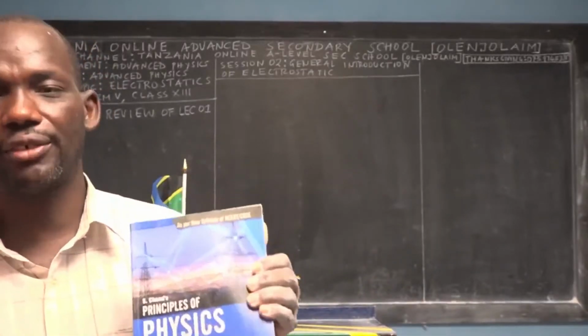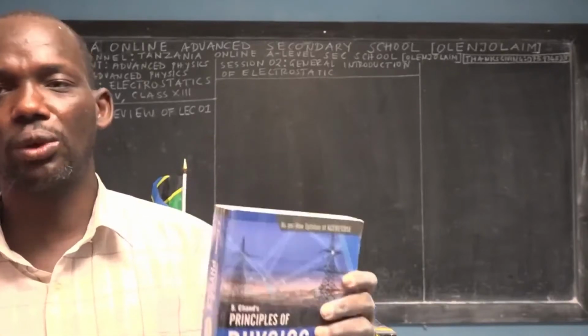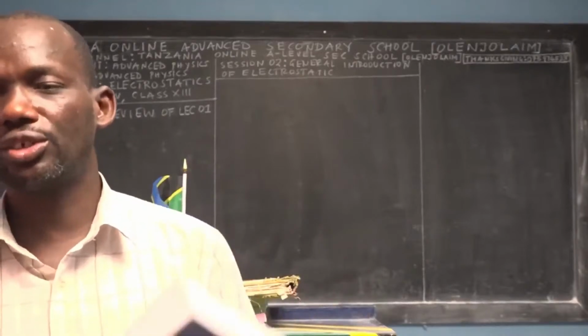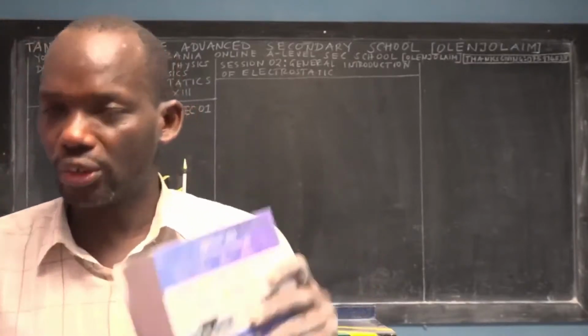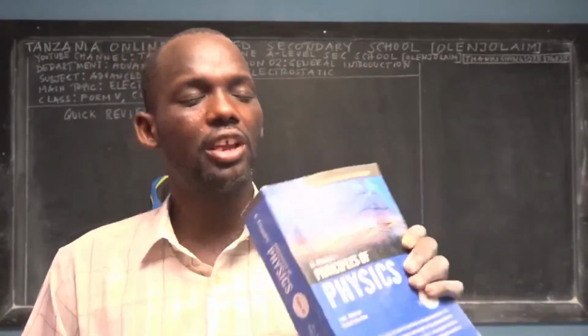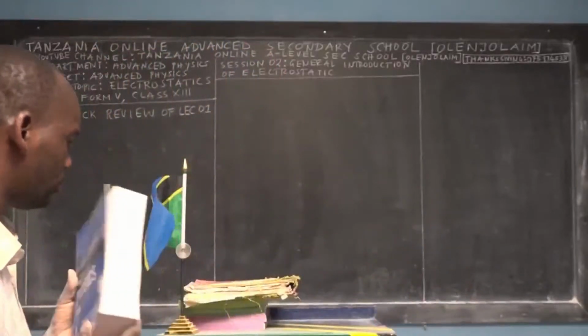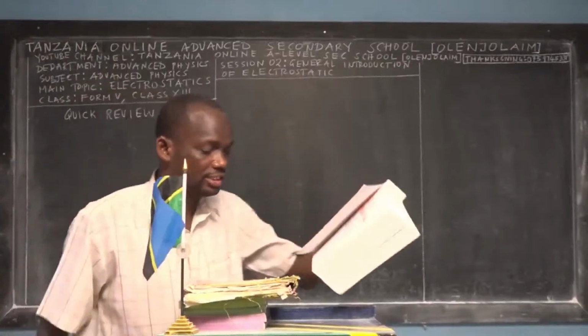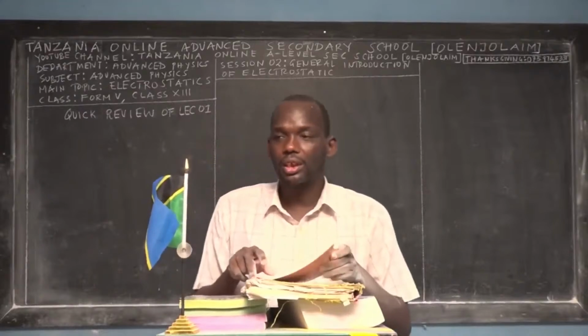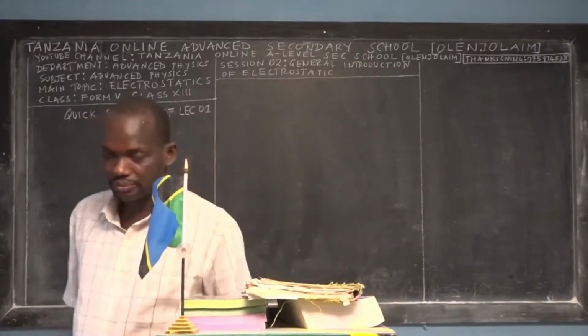However, that does not have electrostatics, but there's a similar one, which is class 12, which contains electrostatics and some topics of Form 6. In case you have Nelkon, Ramsden's, Roger Muncaster, or Tanzanian physics prepared by Tanzanians, so at least you have a textbook. That's what I wanted you to have, because you didn't buy these textbooks to keep them in the bed. You bought them in order to be used.